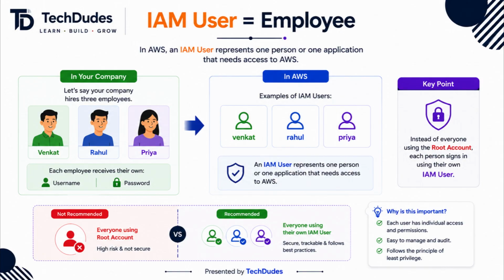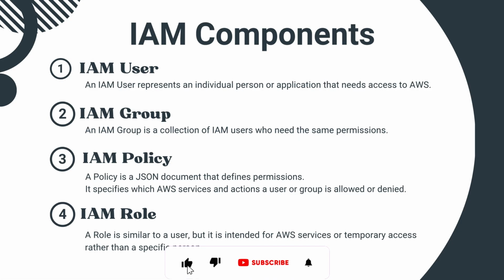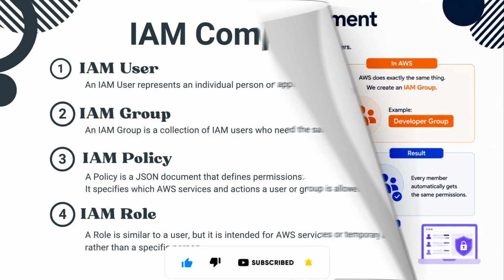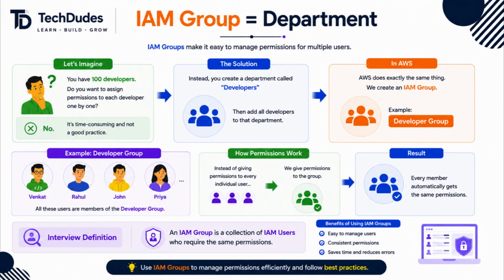Instead of everyone using the root account, each person signs in using their own IAM user. Okay, IAM group. An IAM group is nothing but a collection of users who need the same permissions. So now imagine you have 100 developers. Do you want to assign permissions to each developer one by one? Not possible, right? So instead, what we can do is create a department called developers.